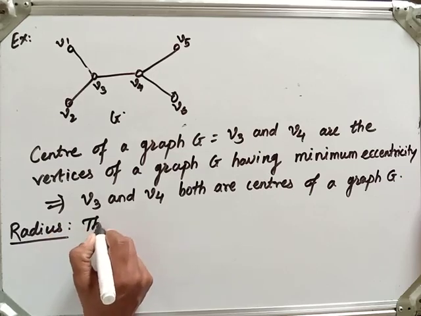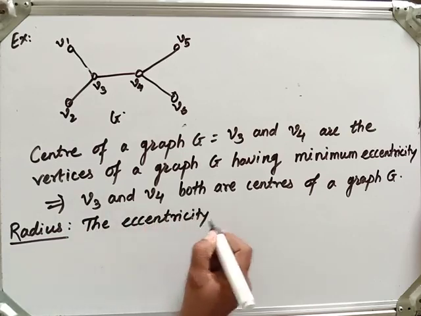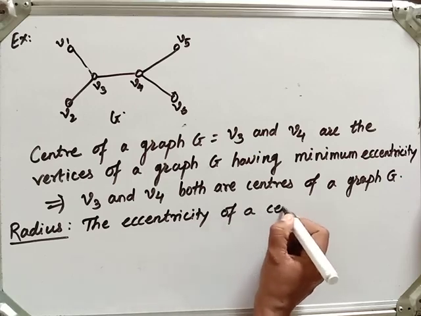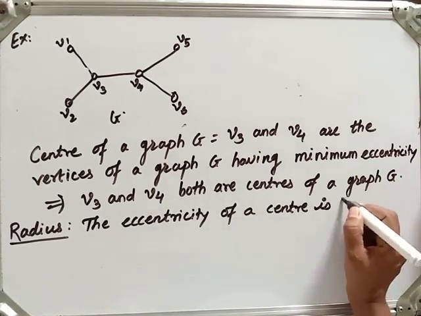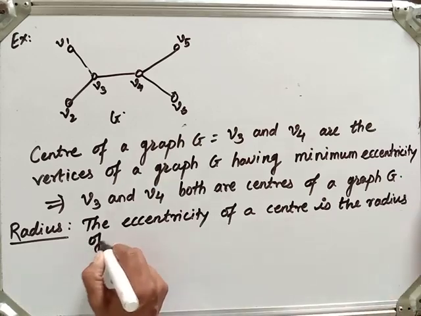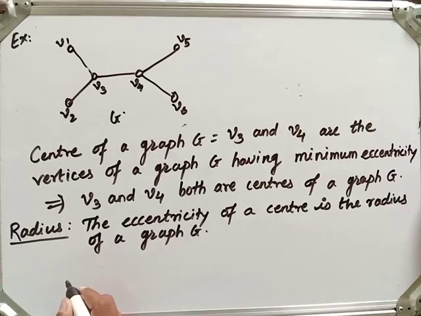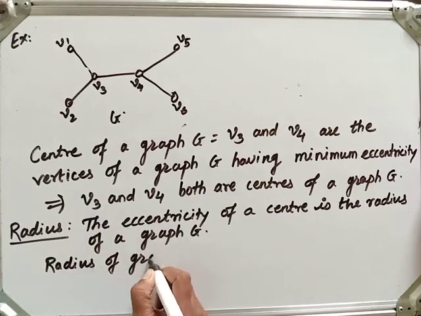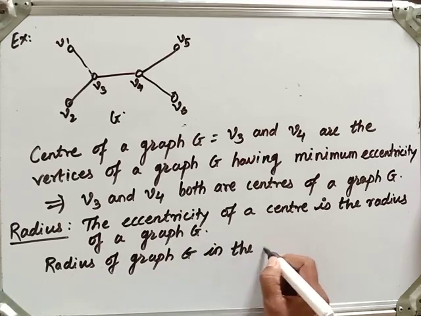We can say the eccentricity of a center is the radius of the graph G. So from this example, the radius of graph G is how much?